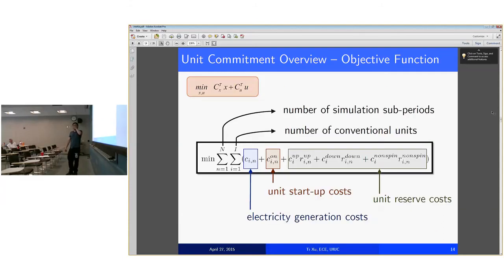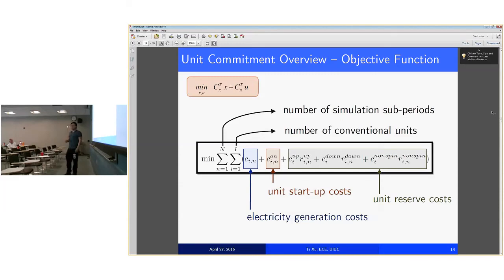Here is the objective function in my unit commitment framework. I consider the generation cost, the startup cost, and the reserve cost. The reserve cost consists of three parts: the up, down, and the non-spinning reserve. And the N represents the simulation. I have a simulation horizon for each day.